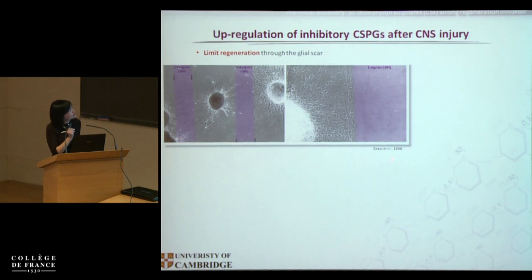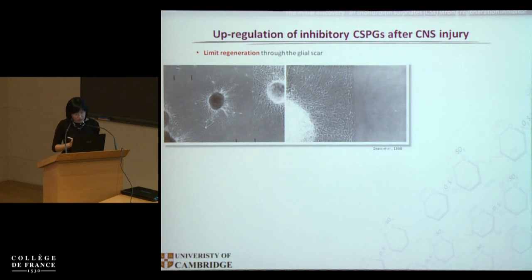The first reason why people think that chondroitin sulfate glycans are inhibitory comes from this paper from Diane Snow very early on in the 1990s. What you are seeing here in pink are the areas coated with increasing concentrations of CSPG, 0.2 milligram per mil, 0.4, and then 1.